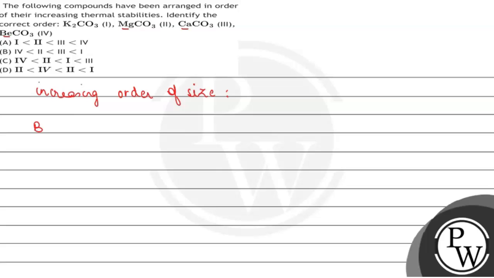So out of these the size increases down the group. तो जो top पे होगा that will have the smallest size. तो beryllium will be smallest size followed by magnesium and calcium.